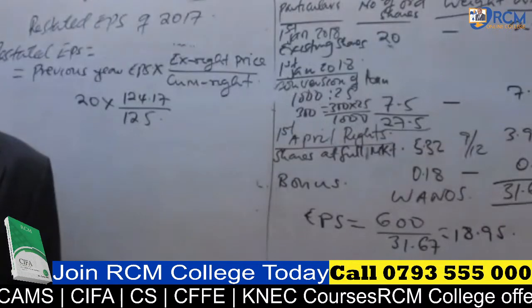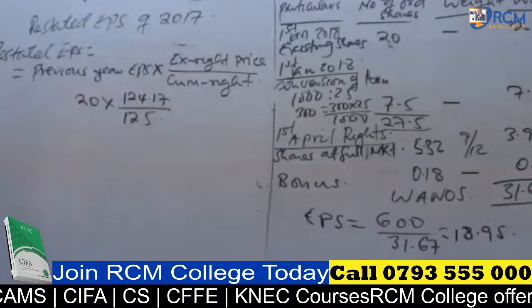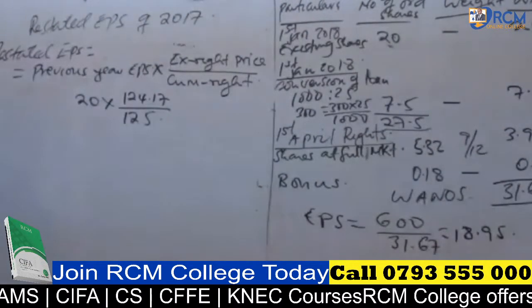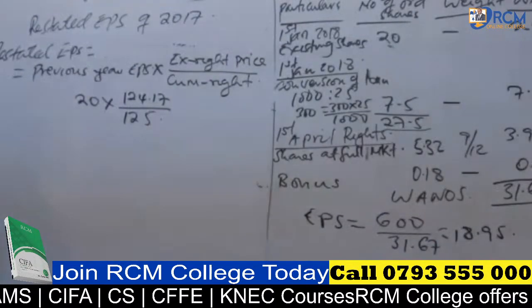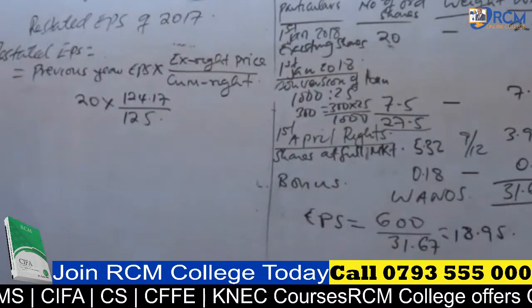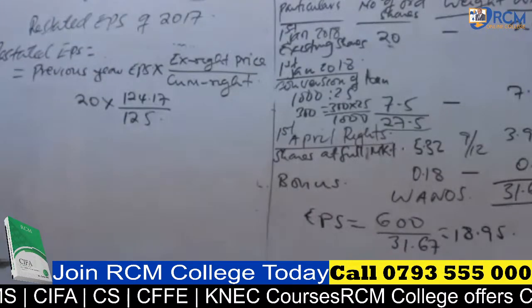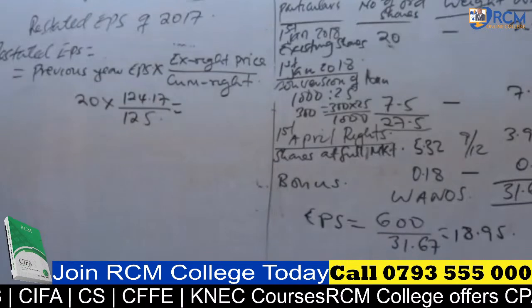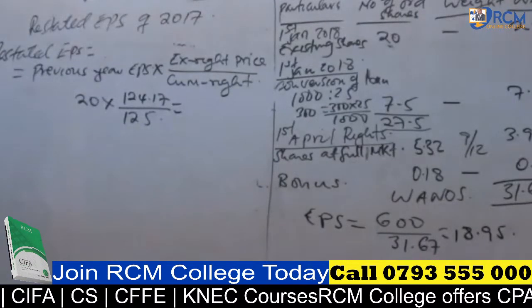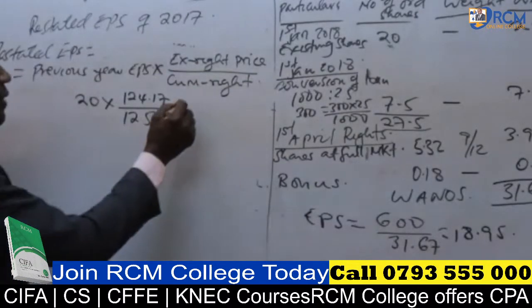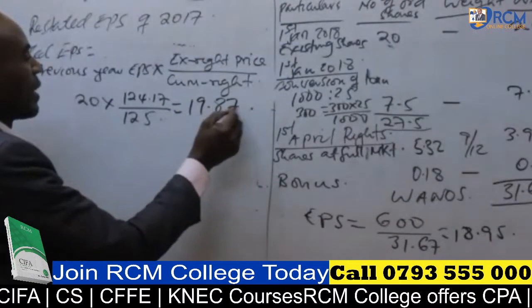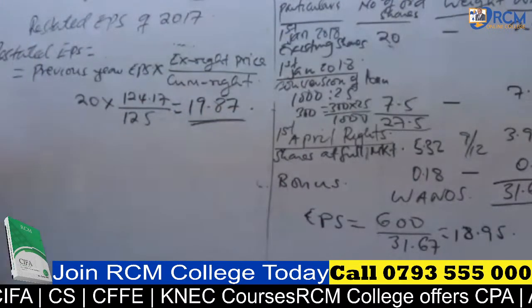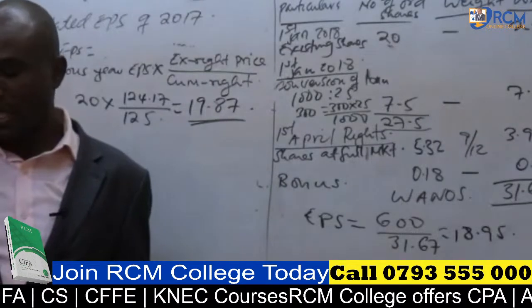Ex-right price is the theoretical ex-right price, the price we assume will prevail after the rights issue. Therefore, what will be our restated EPS? 19.87. That's our restated EPS of 2017 as at 2018.